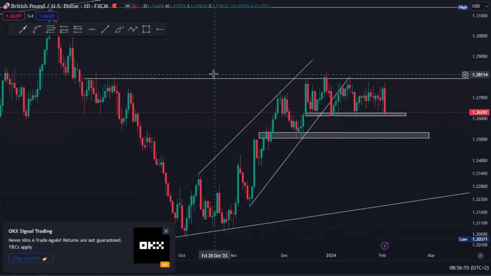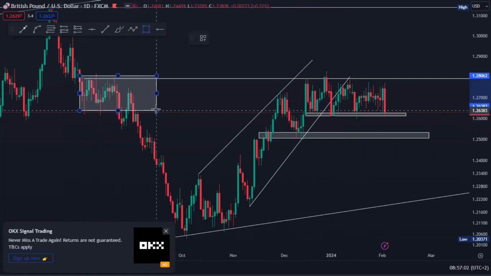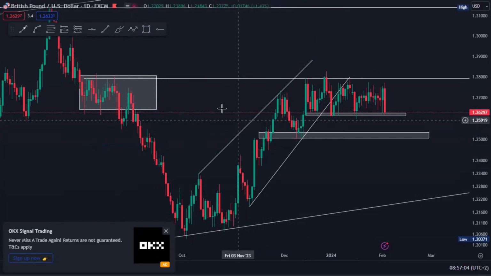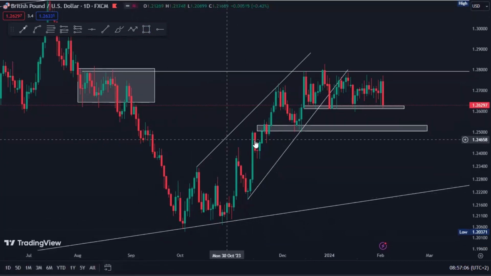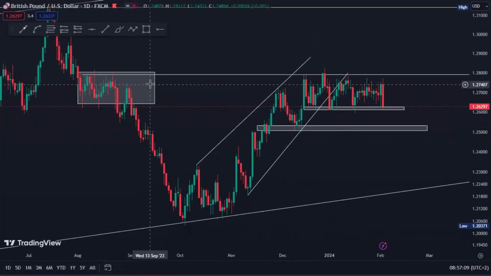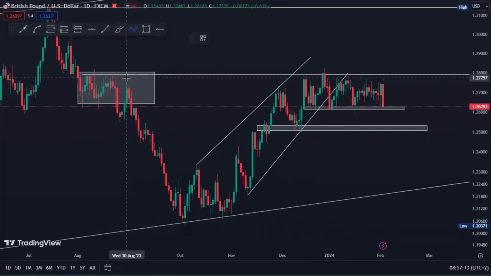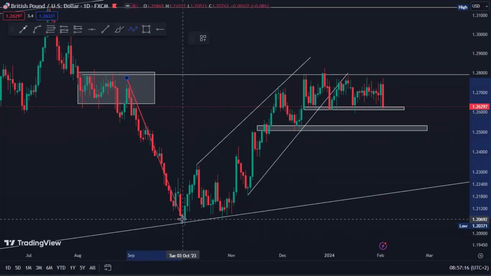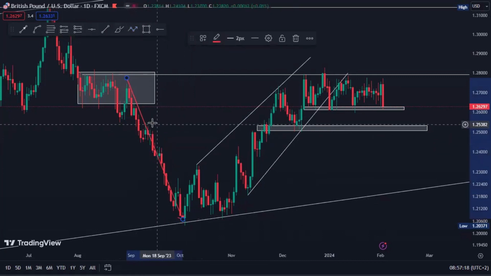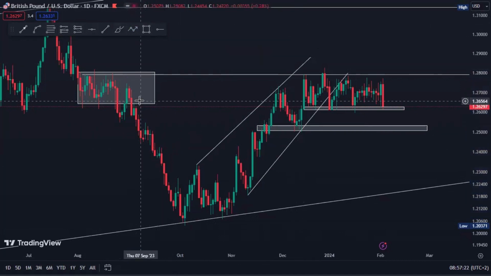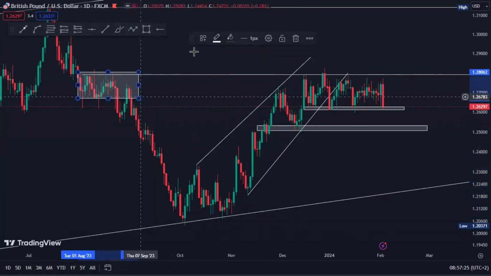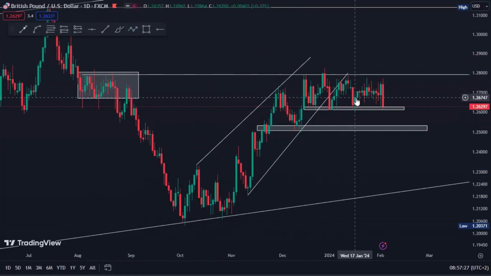So basically, since this is the area of volume, the market approached that area because this area created this huge impulse to the downside, right? So that area has very, very much volume. I understand.